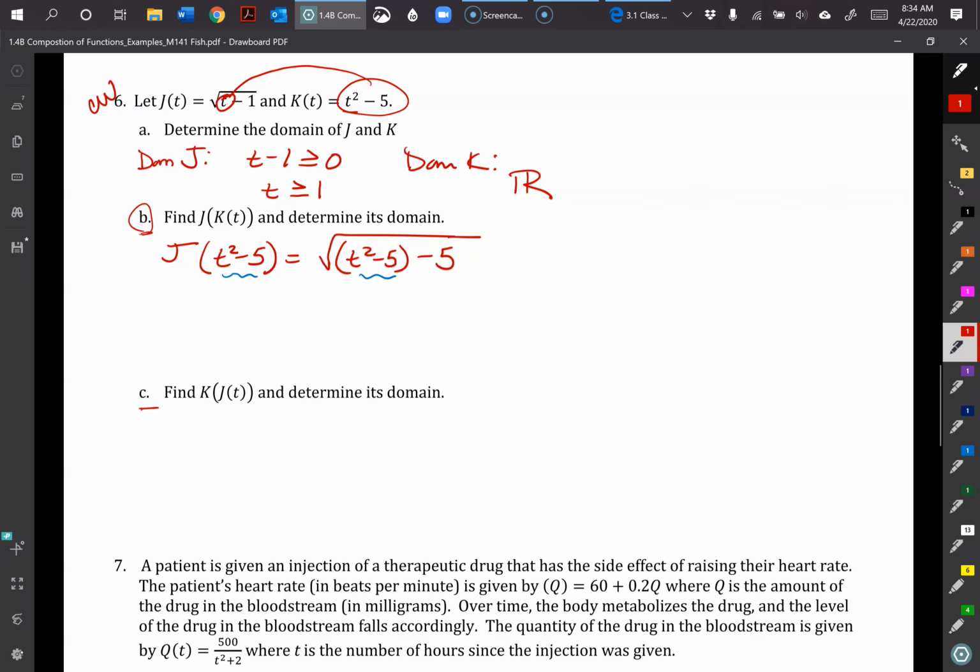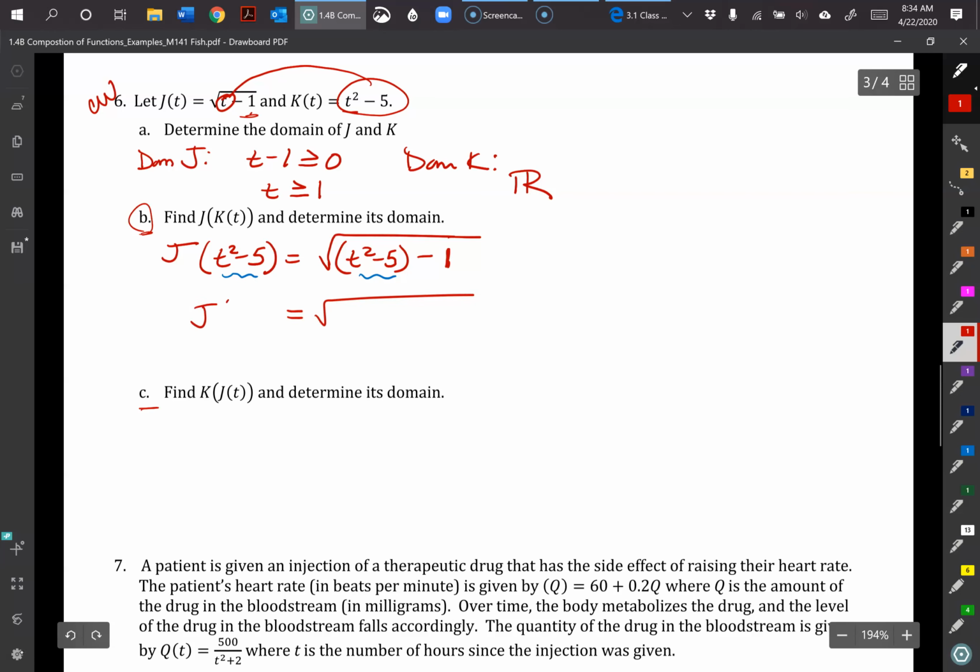So we can just simplify this. I don't know why I wrote a 5 there. It should be 1. Let's look at the other one. So it's T squared minus 1 as my radicand, and then I have simplification on that.